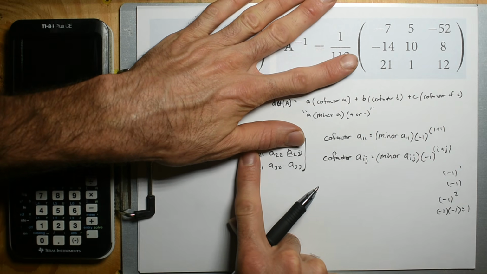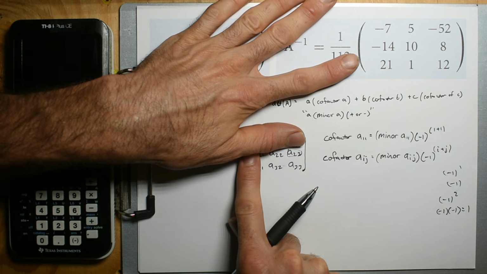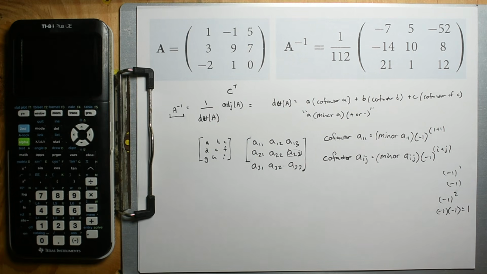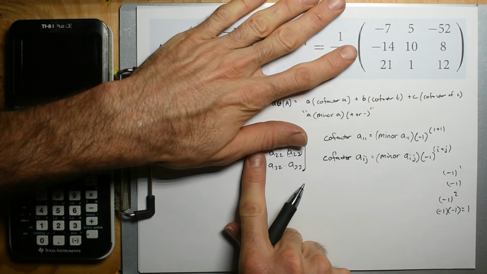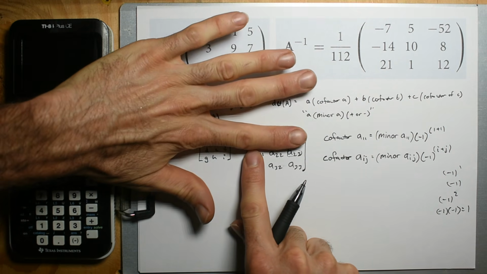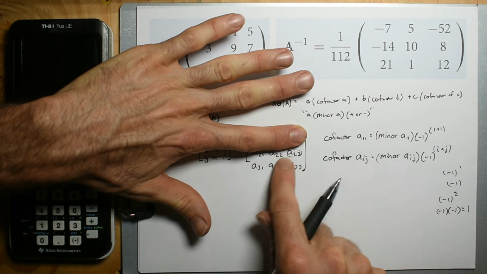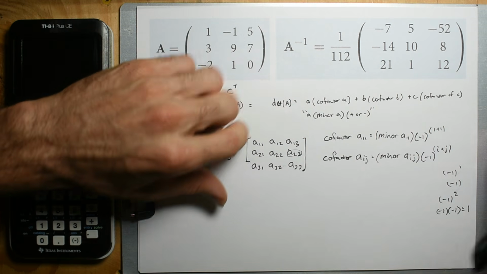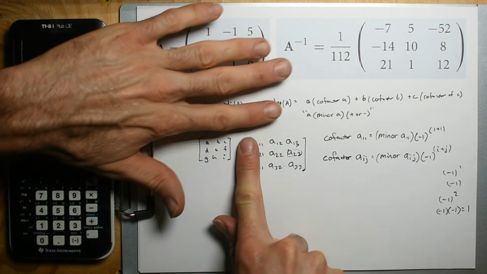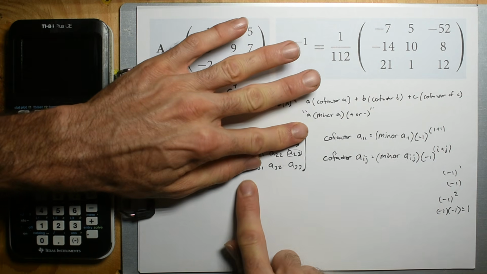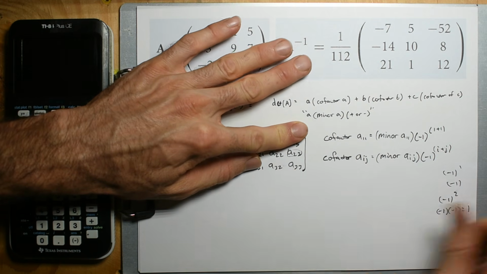I've not gotten into the part of the book where I can do this for a 4x4 and so forth. So the minor is the remaining determinant. If I cross out the row and column, I'm left with a block of 4, and then I can take the determinant of the remaining values.